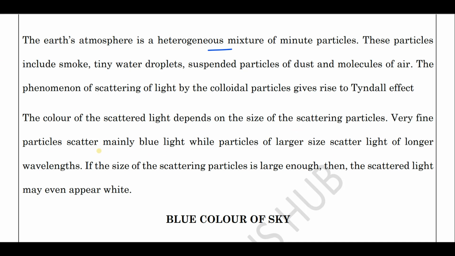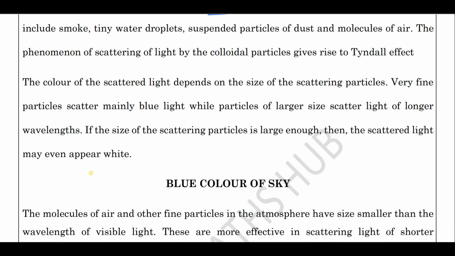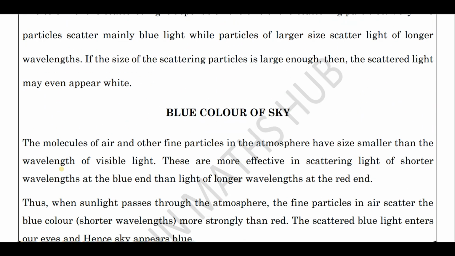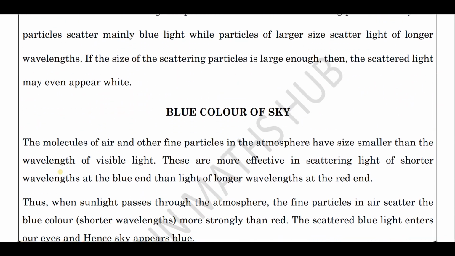Very fine particles scatter mainly blue light, while particles of larger size scatter light of longer wavelengths. The smaller particles scatter mostly blue light. If the size of the scattering particles is large enough, then the scattered light even appears white.